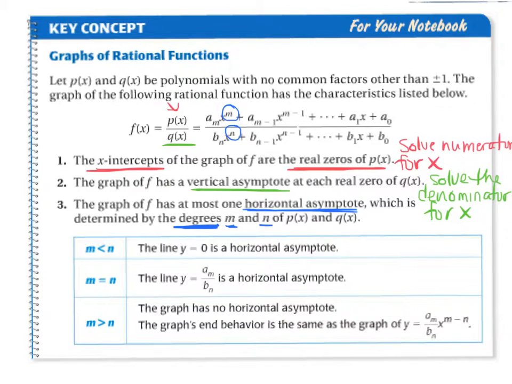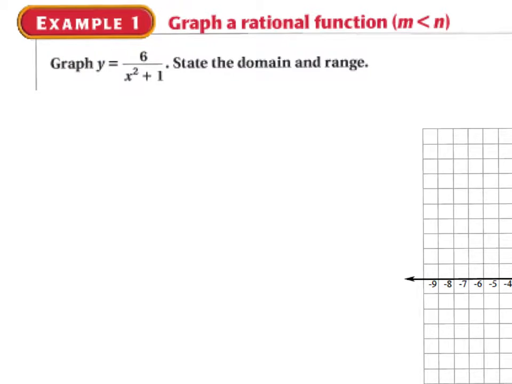Let's show you an example. Here is a rational function where you have a constant 6 in the numerator and x squared plus 1 in the denominator. So you have a horizontal line being divided by a quadratic function. Remember, there are 3 important characteristics of this graph that we need to analyze before we graph it. The first is our x-intercepts.